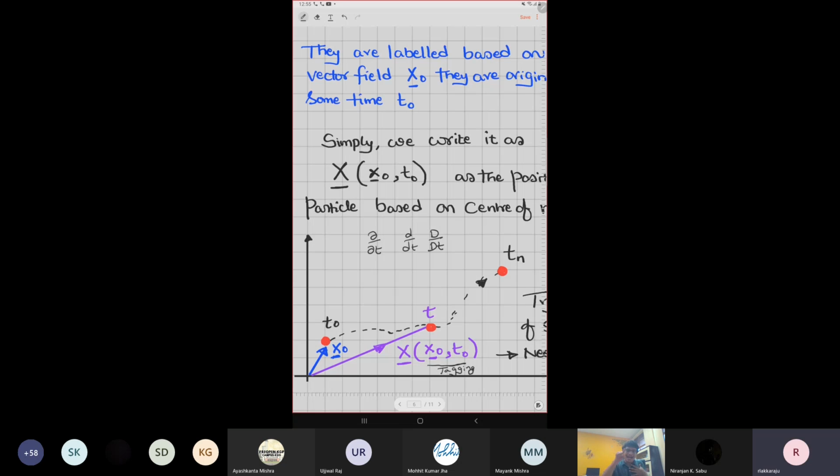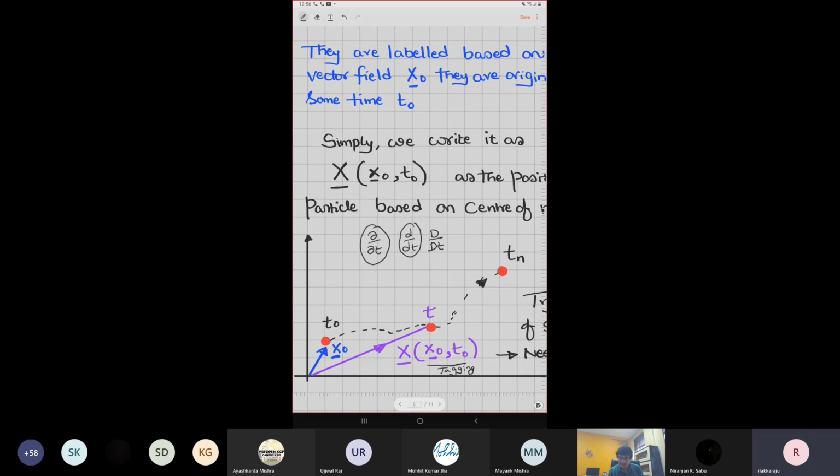As long as I'm tagging a Lagrangian trajectory, whether I calculate d by dt on the Lagrangian trajectory or del by del t, they will be one and the same. As long as I'm tagging, I'm going to do only differentiation on that.